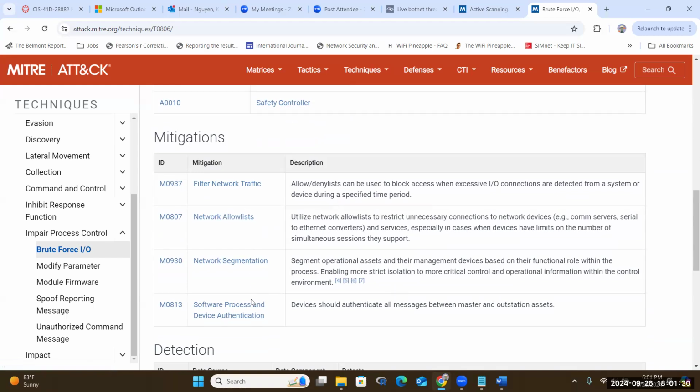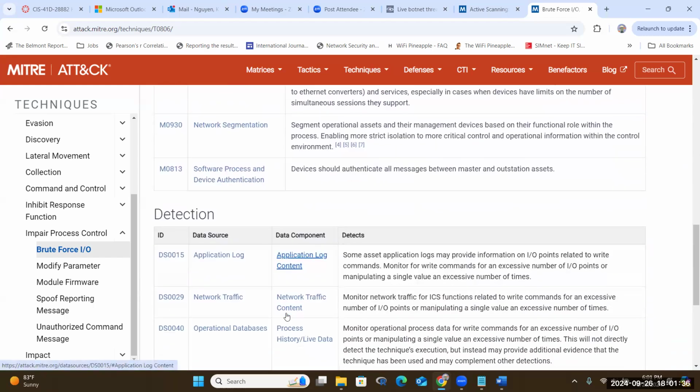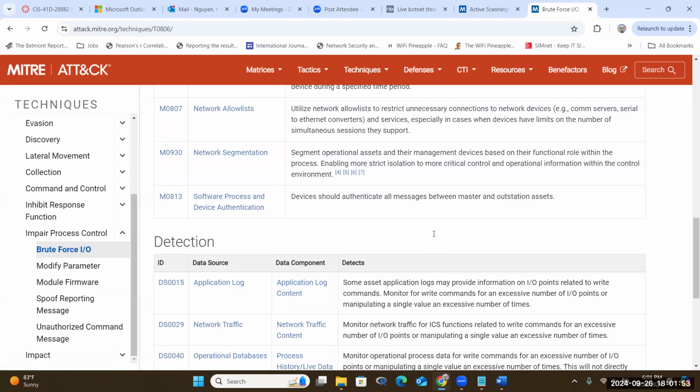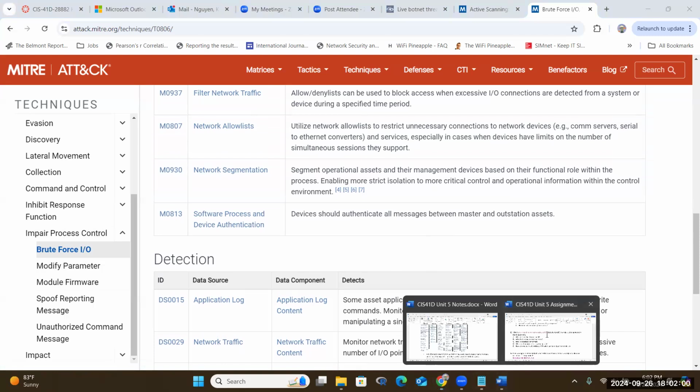And then whitelisting, segmentation, and then how you can detect it: application log, network traffic, operational database, and so on. So you get the idea. We would look at the technique, and then we would be able to get the recommendation from Mitre to be able to derive our solution.